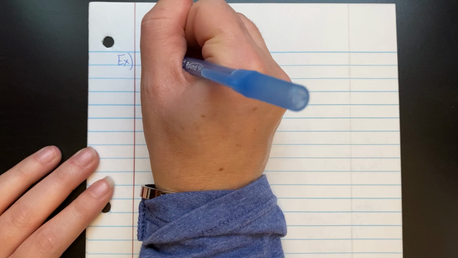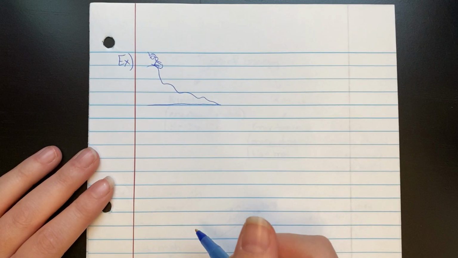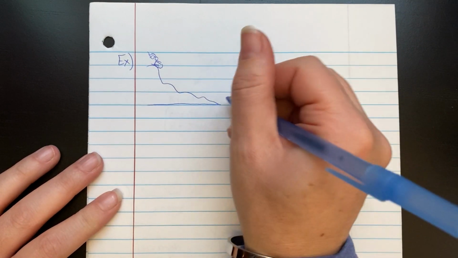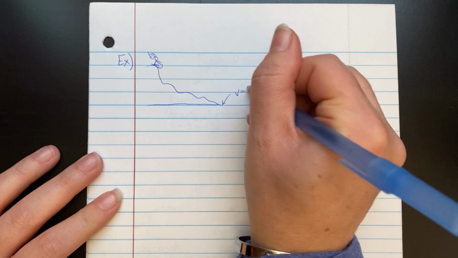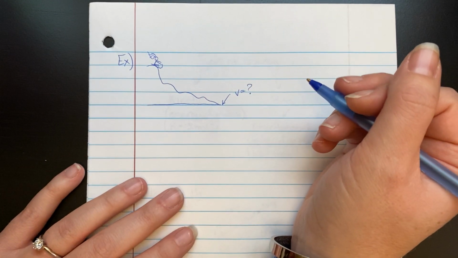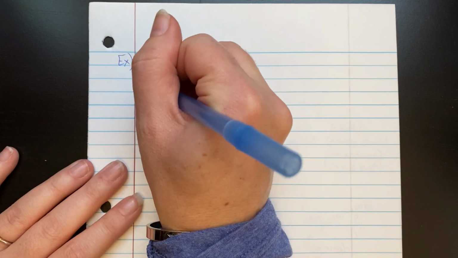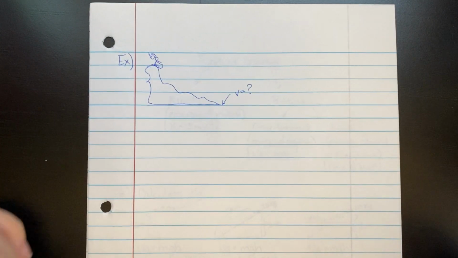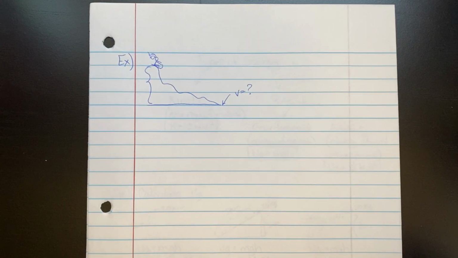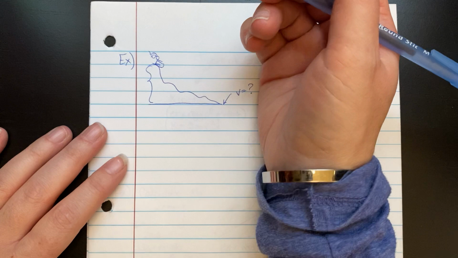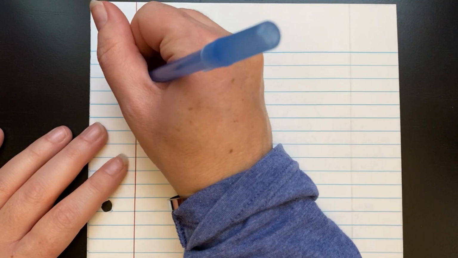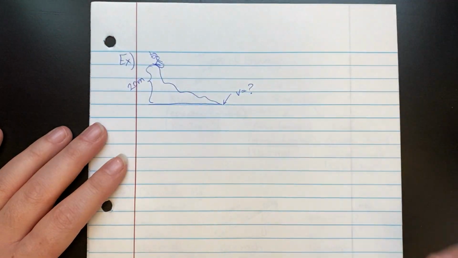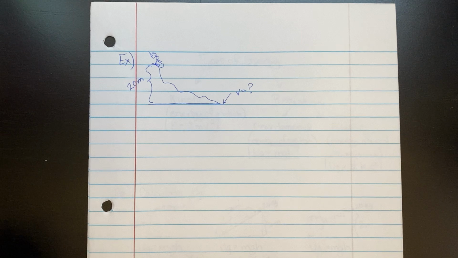Apparently they have really long arms and their hair is blowing in the wind. So we might say to ourselves, what is the velocity of the person at the bottom? And what we really need to know is, what is the height that they start off at? What height do you want to pick? Let's say 20 meters. Everybody loves the number 20.